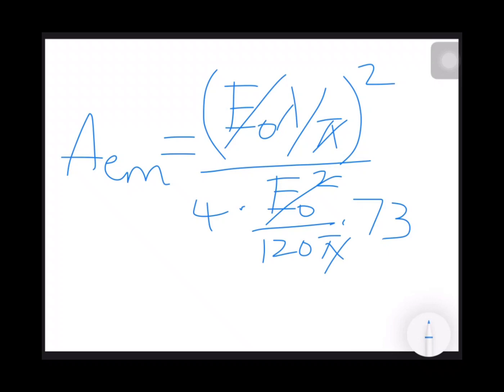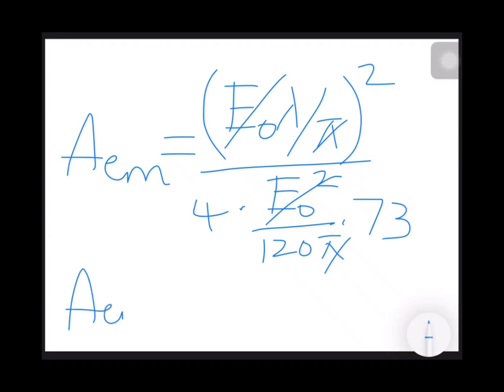And 4 divided by 120 and that multiplied by 73, we get the final equation. So next, for the 4 and 120 we can divide and that is multiplied by 73.